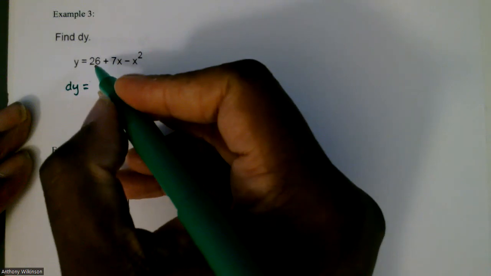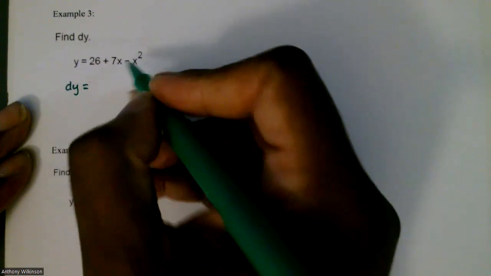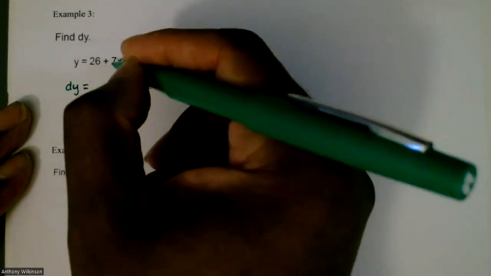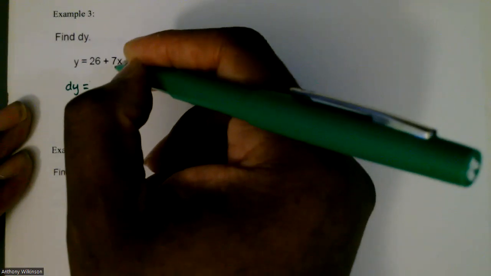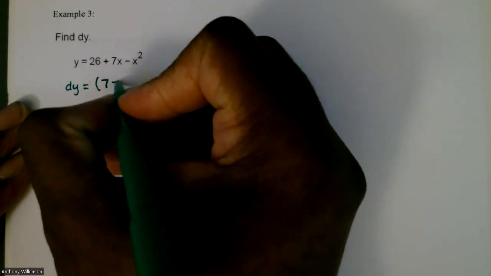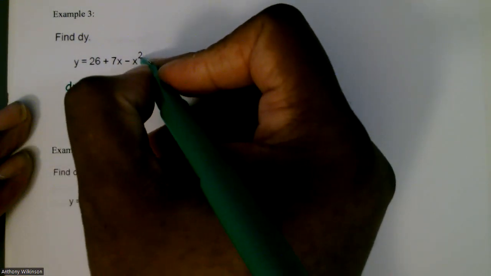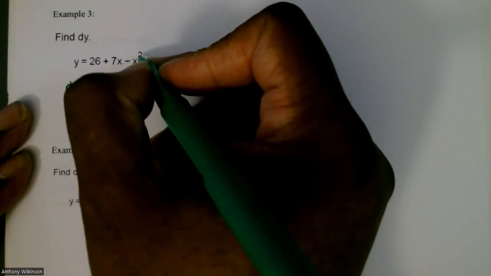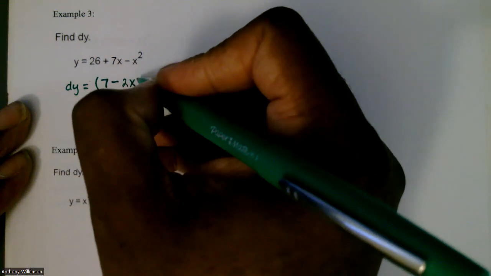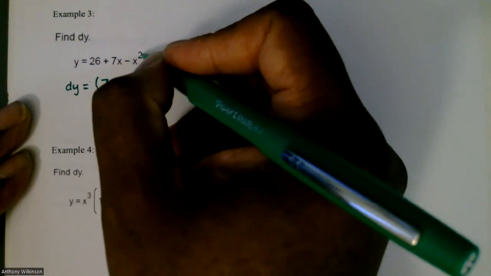Now, we take the derivative of each term, since we got the sum and the difference here. The derivative of a constant is 0, so the derivative of 26 is 0. The derivative of 7x is just going to be 7 minus, when you take the derivative of x squared, we use the power rule by bringing the exponent in front of the x. So that 2 comes down in front of the x. And of course, that x will be to the 1 less power.